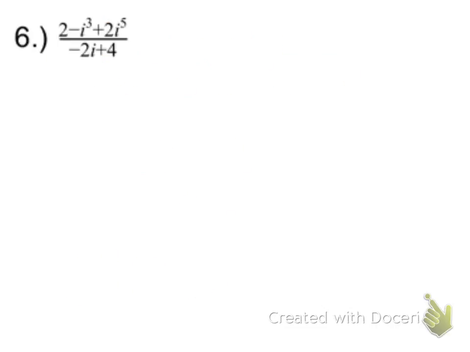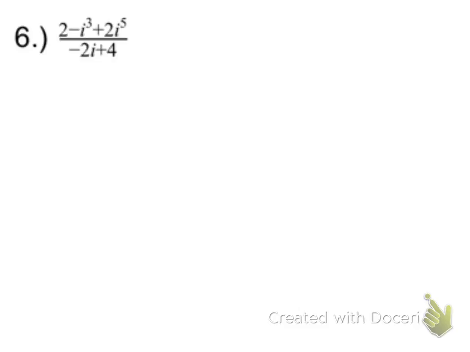So on this particular problem, before I can rationalize it, I think I want to simplify it. If you guys can think of this, i to any power of 2 or above, guys, can be simplified, even i squared.